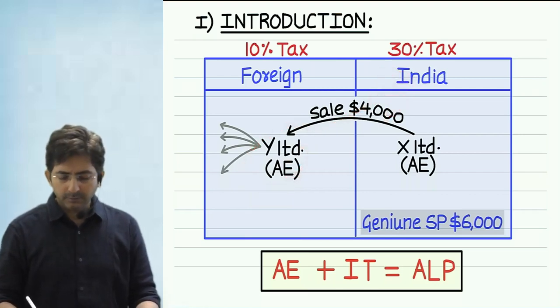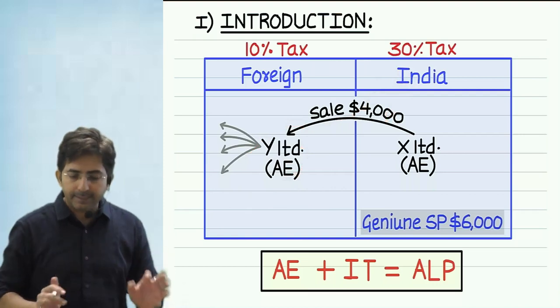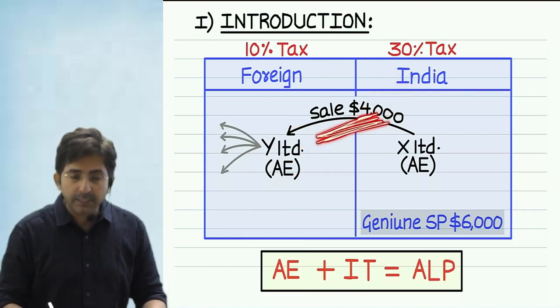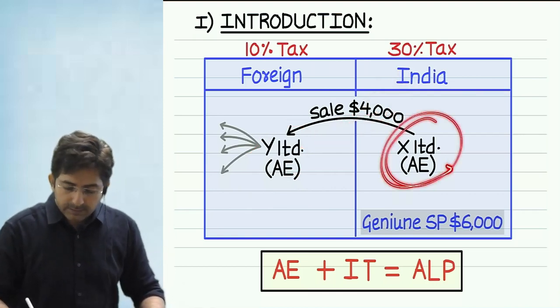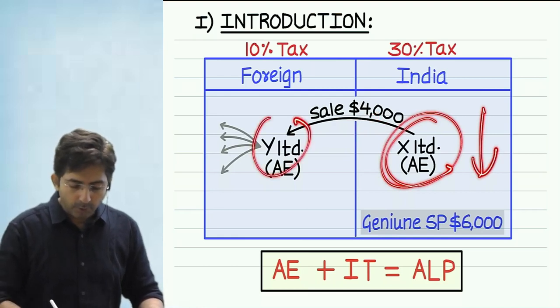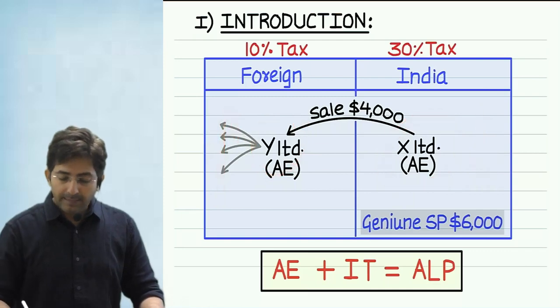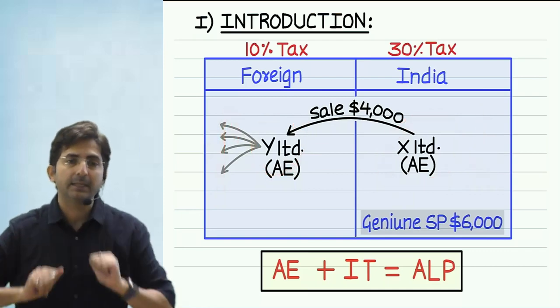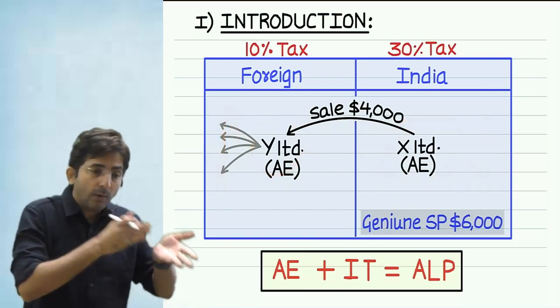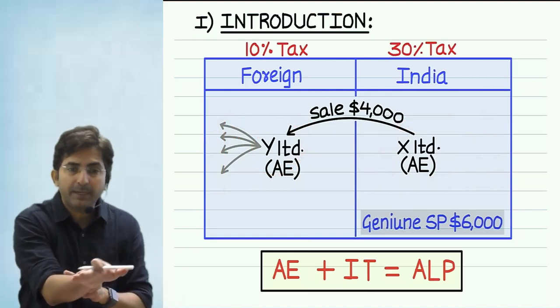Because do you remember in my example I said that in this manipulation of sale price, X's tax is reducing, but on the other hand Y's tax is increasing. But then X is also liable to pay tax in India being a resident. Even Y is liable. Do you agree Y has to pay tax in India?